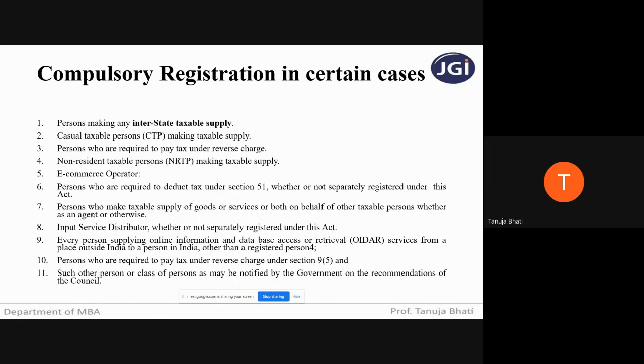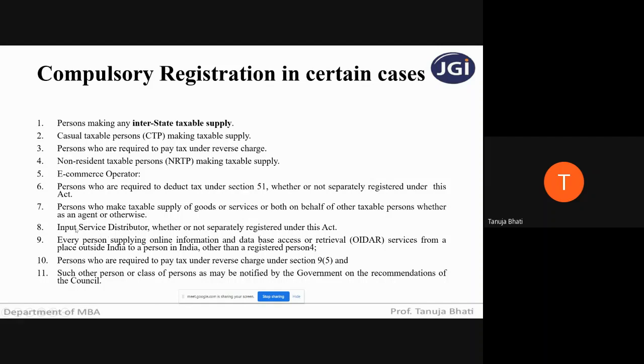Next, persons who make taxable supply of goods or services or both on behalf of another taxable person, whether as an agent or otherwise. Suppose a third party is supplying the goods and services on behalf of the main party, either as an agent or otherwise, he is required to get himself compulsorily registered. Next, input service distributor, whether or not separately registered under this Act.